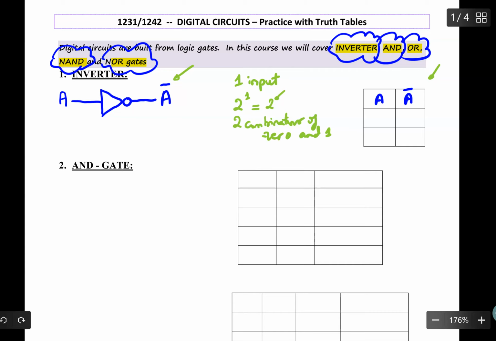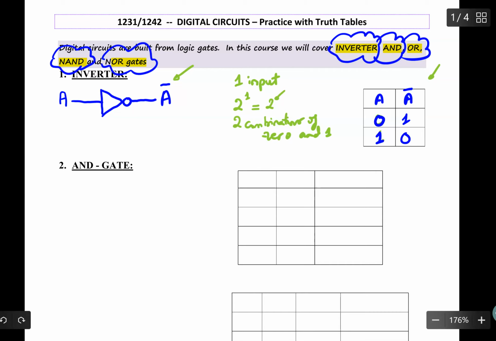To write the two combinations of 0 and 1, always start with a 0. So right here you put 0 or 1. The output of 0 and 1 would be: 0 will turn into a 1, and 1 will turn into a 0.